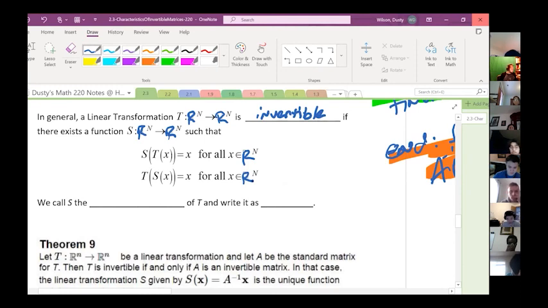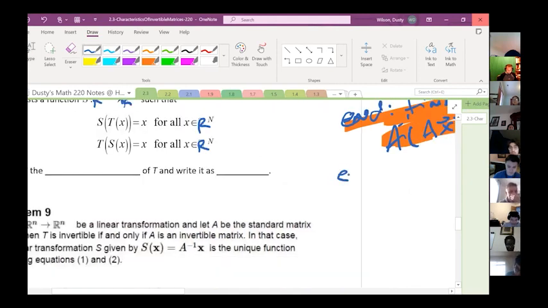This might look weird, but you might remember formulas from your past, like e to the ln of x equals x, because those were inverse functions, or ln of e to the x equals x.